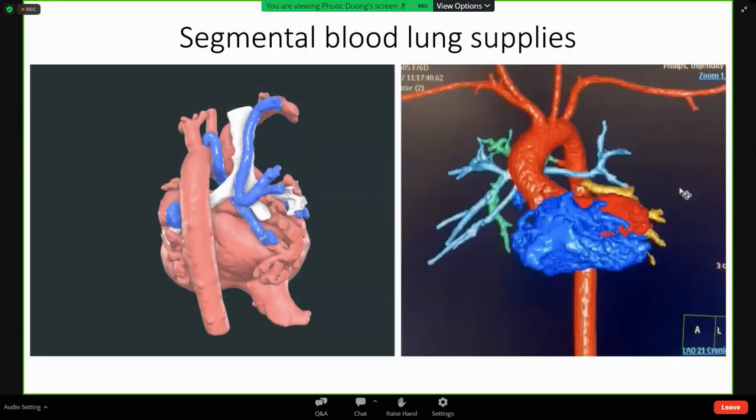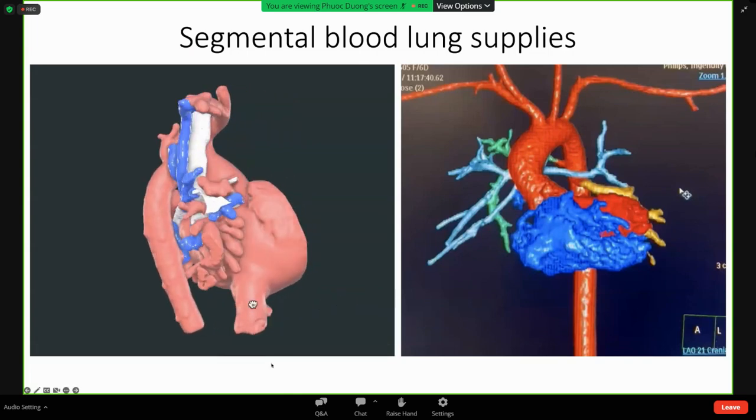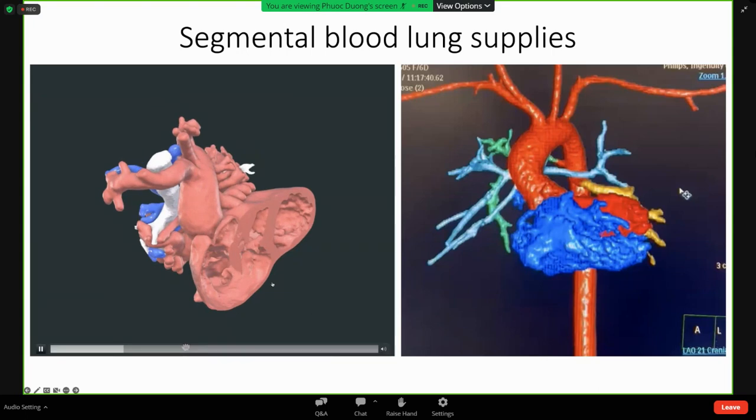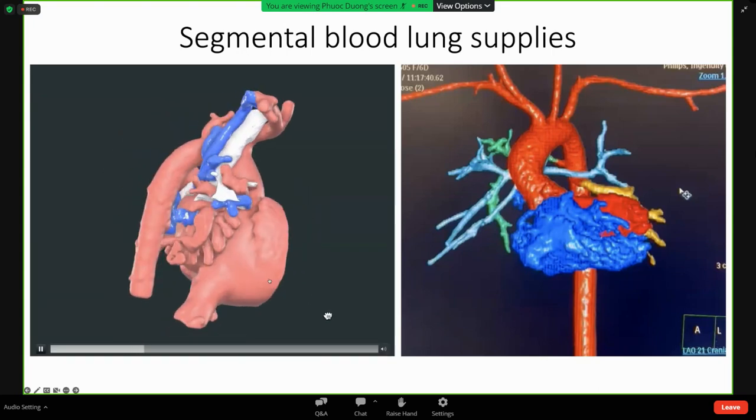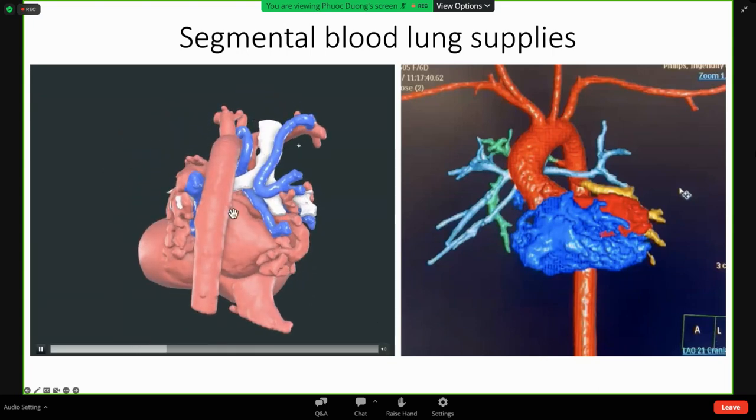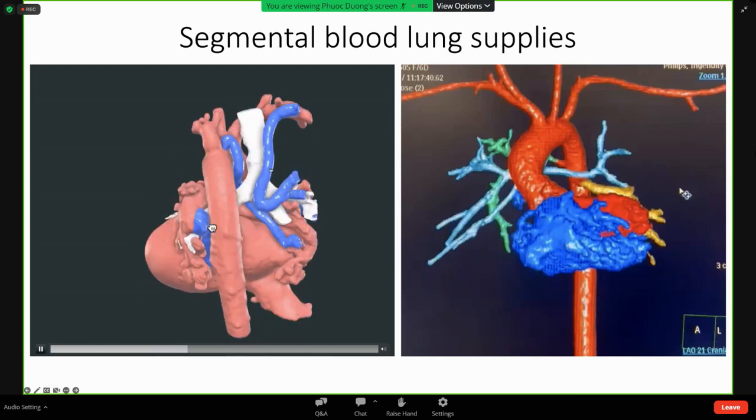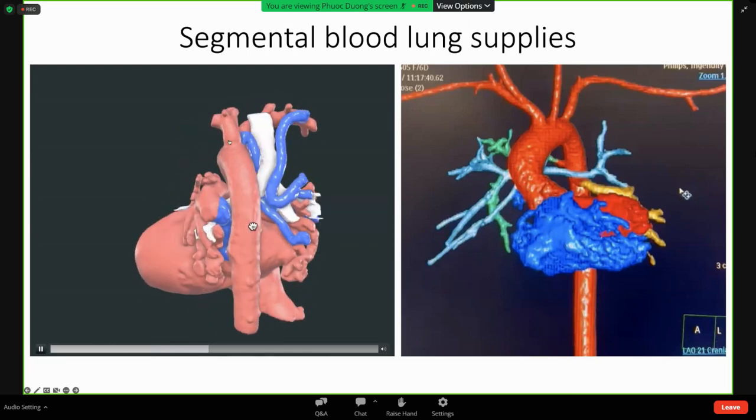With good 3D CT data sets, you can actually use it to plan the procedure in greater details. It's the same example that I showed earlier. You can look at the MAPCAs in greater details and see where the main arteries are.